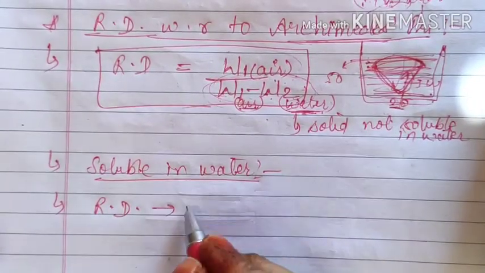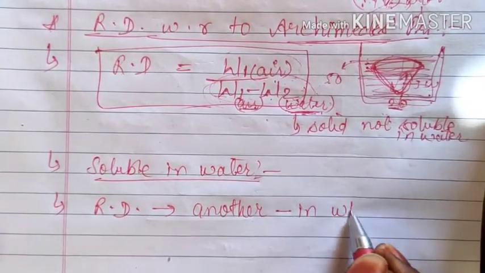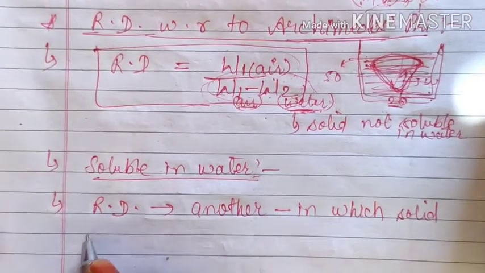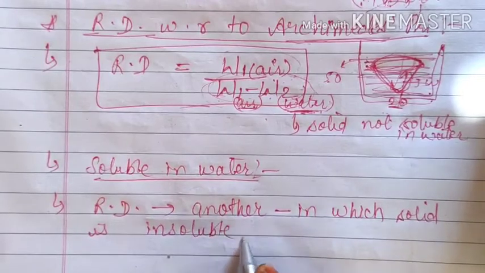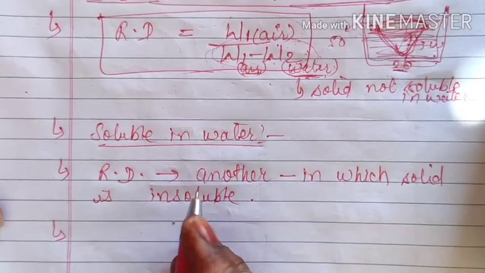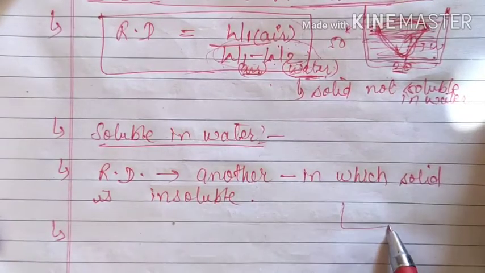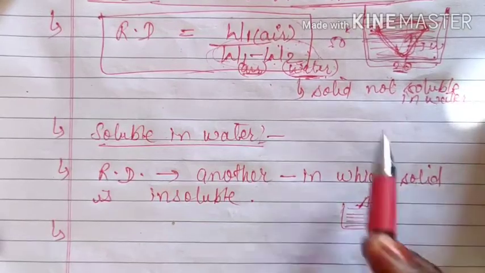In this case we will take another liquid in which the solid body or object is insoluble. Okay, and for that we will need two things. First, we will submerge this solid body into a liquid, and that liquid is not water, because in water it is soluble.